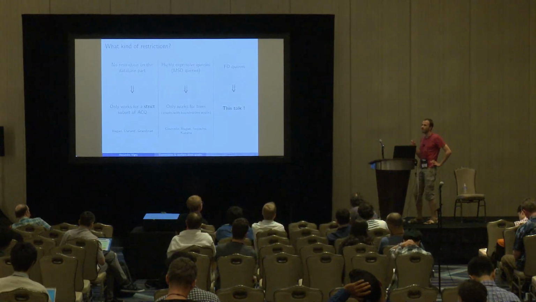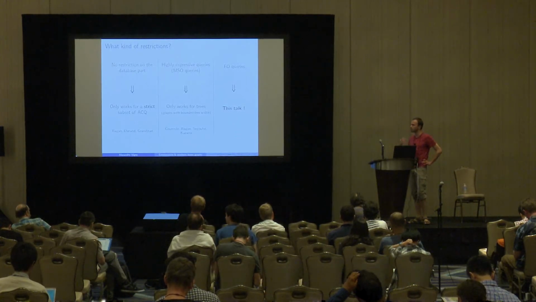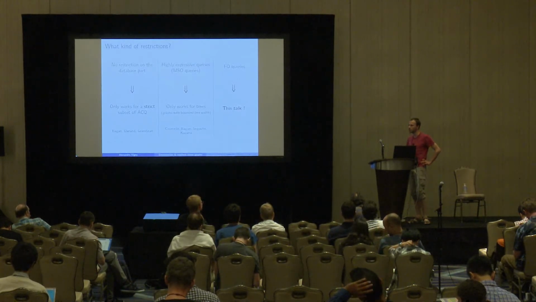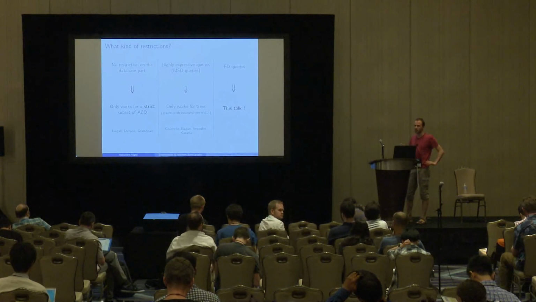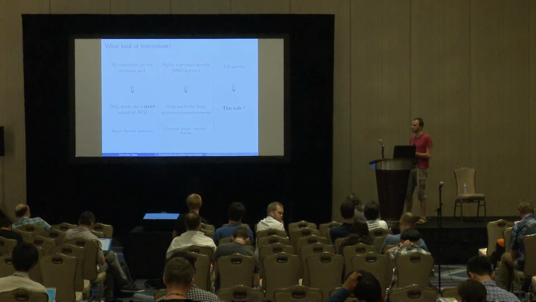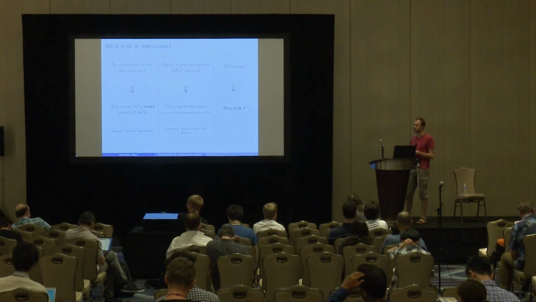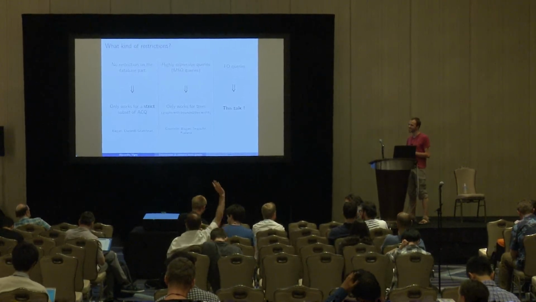For FO queries, it's really difficult. Every time the first step is to put everything in Gaifman normal form or Hanf normal form, and this is really hard to do. Especially in our work, we do that several times because at each step of the induction, we rebuild a normal form. So I don't know if anything could be implemented in this area.